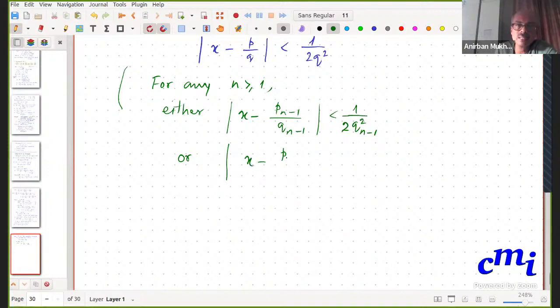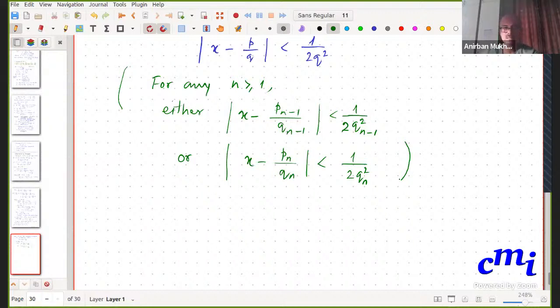So one of these must hold. This is what the theorem is saying. So either Pn by Qn or Pn minus 1 by Qn minus 1 must satisfy the inequality we wrote in the theorem.